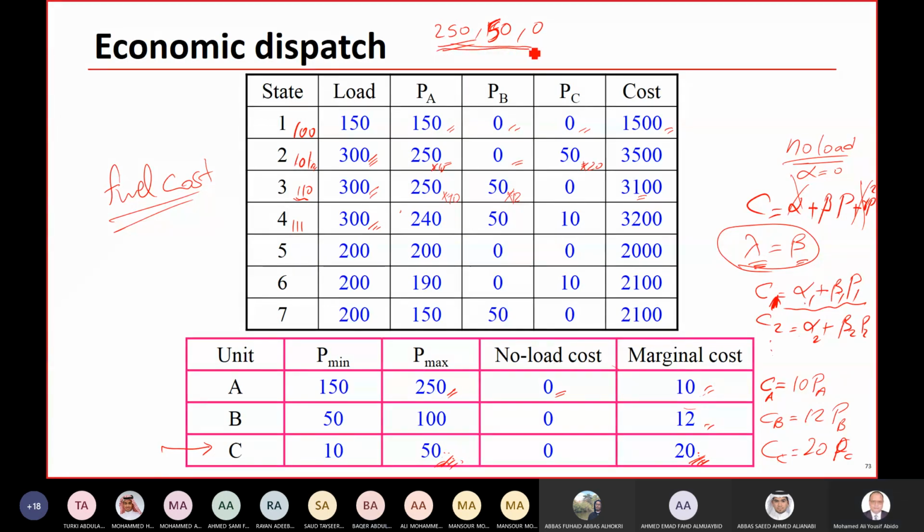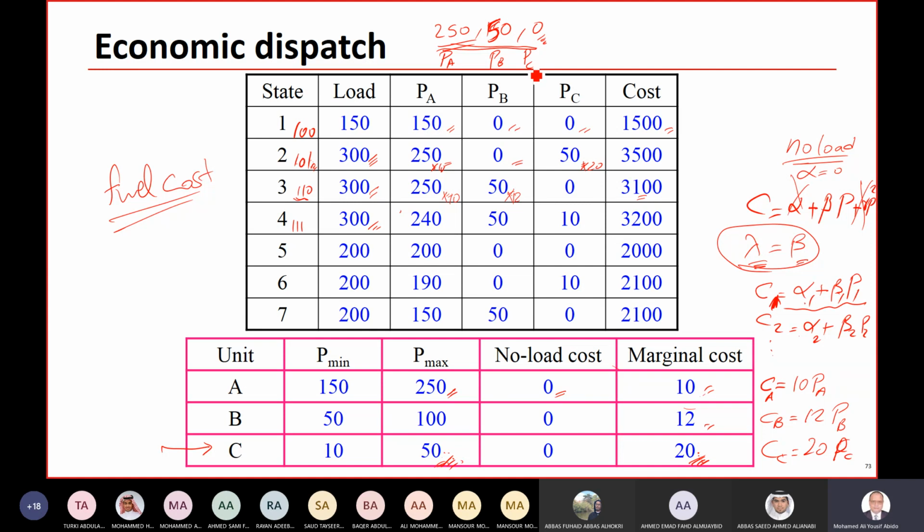But this of course violates the limit here. Because machine number 3, this is B1 or BA, and this is BB, and this is BC. You can say machine A is the lowest cost, so I will take the maximum out of it. And then I will load this one with the remaining, and I load this one with the remaining. This one is 50, and this one is 0.